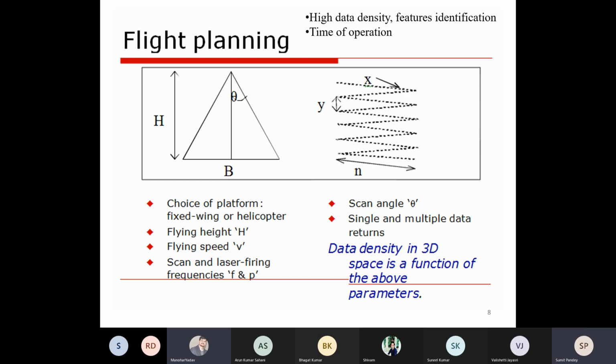Sir, when we are calculating n, then n means the number of points fired per second upon the number of scan lines generated per second. So for the number of scan lines generated per second, we would take half, because if we are going left to right and right to left, then we are considering it as one scan line, isn't it, sir?